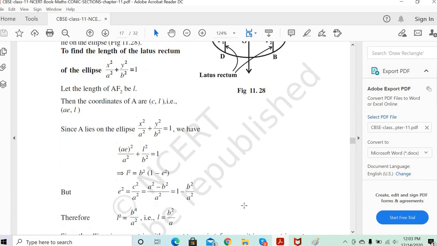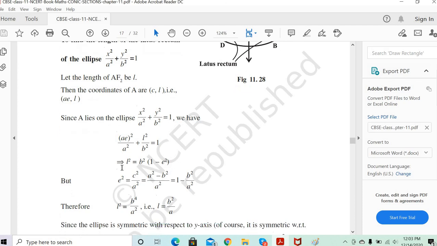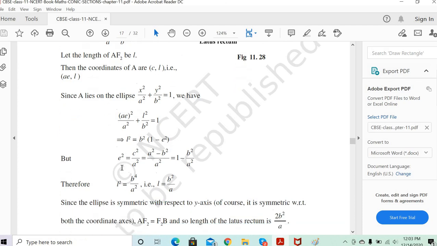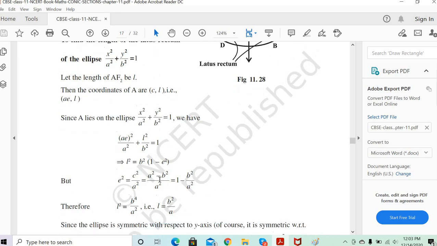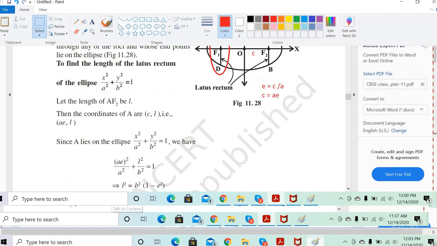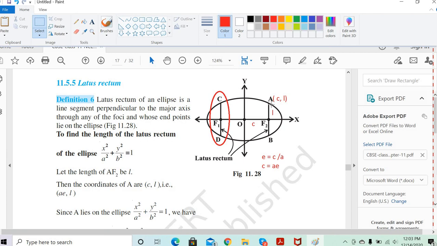Yes, sir. Understood. Clear? Now what is the value of L you are getting? B square by A. Excellent. B square by A. This big B square. So this B square by A that you are getting is nothing but the AF2 value.